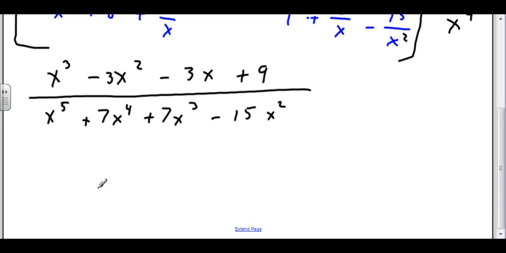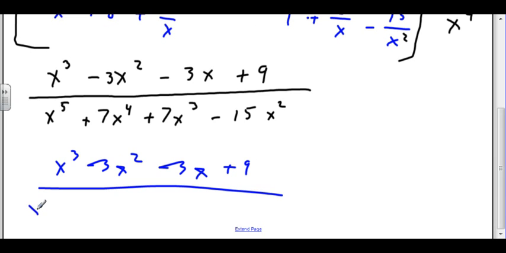But I would expect this guy to work out a little bit better than that. x cubed minus 3x squared minus 3x plus 9, divided by x squared, x cubed plus 7x squared plus 7x minus 15.